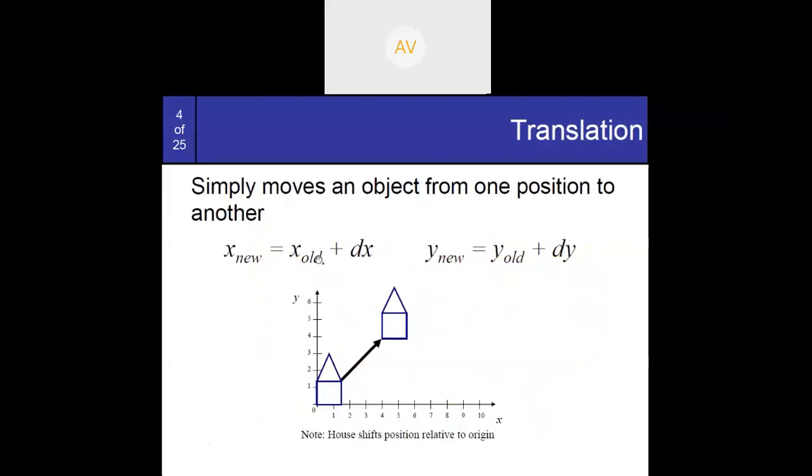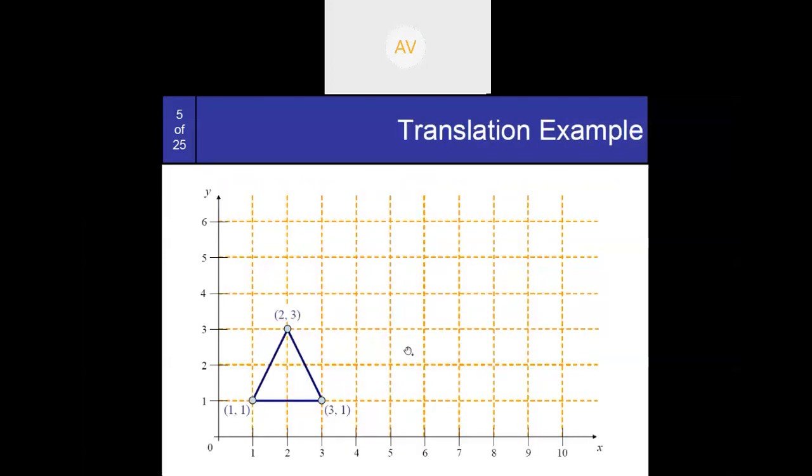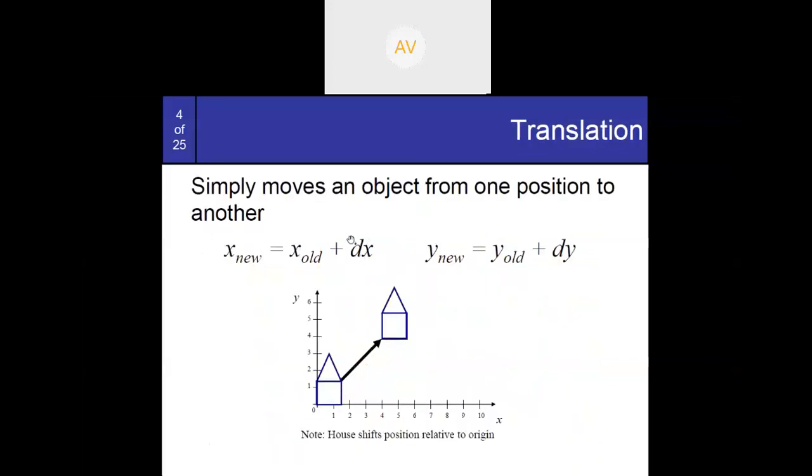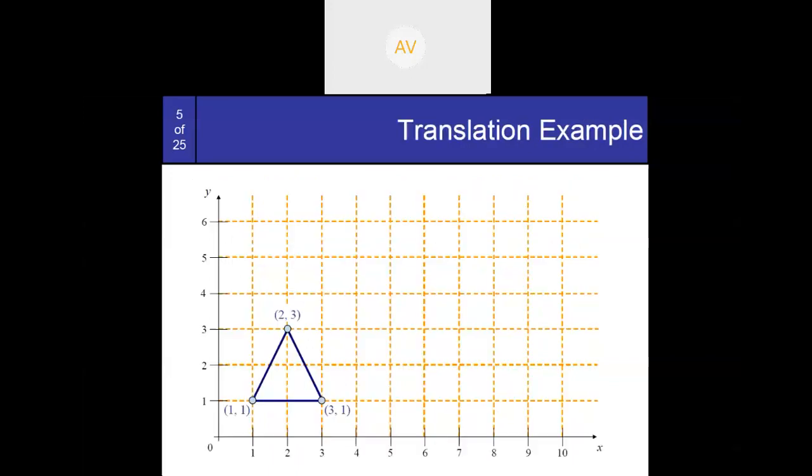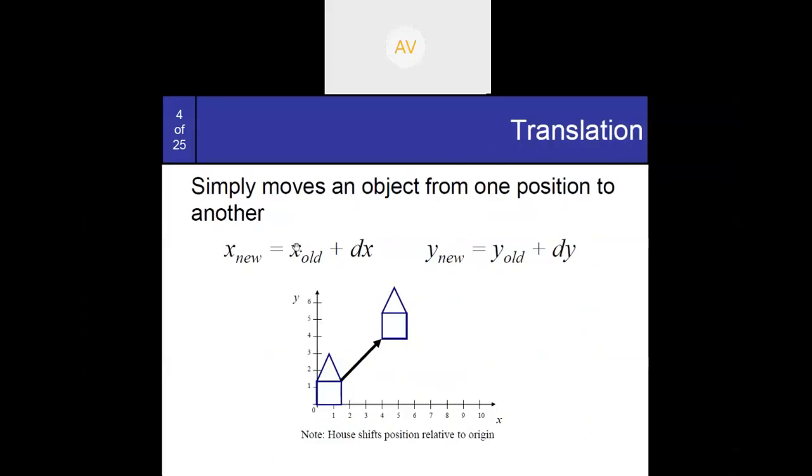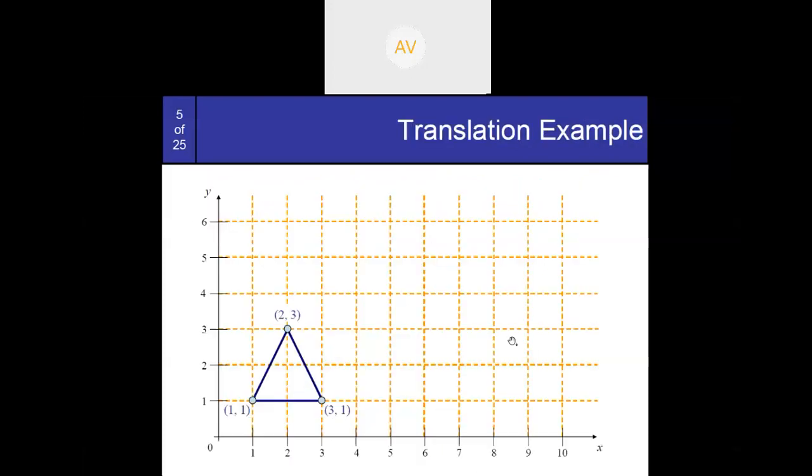Using this formula, you can find the new position of this object. Just decide the dx and dy values, meaning how many units you have to translate the object. Add the original coordinates and the translation values, and you will get the new coordinates of the translated object.